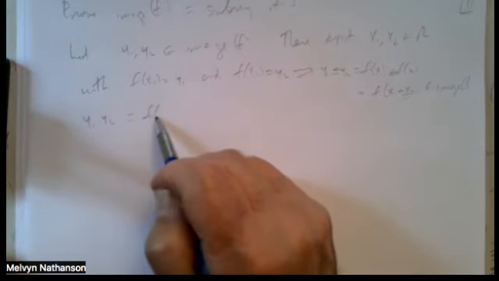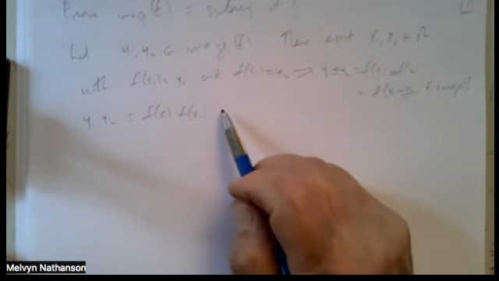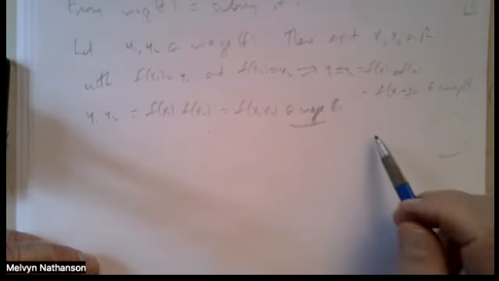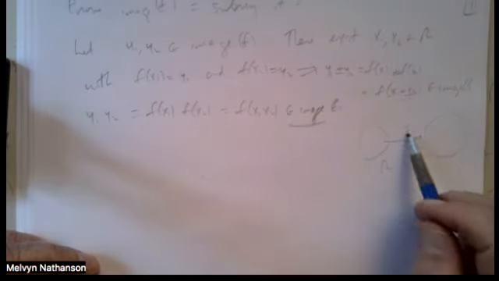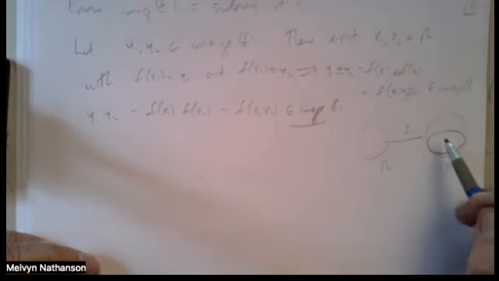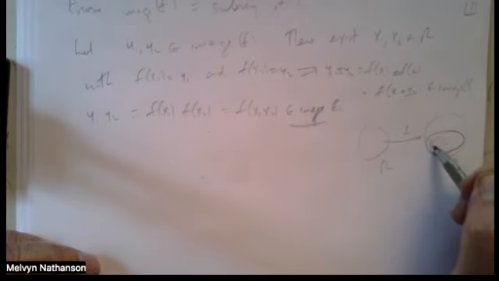Is it closed under multiplication? Well, Y1 Y2 is F of X1 times F of X2. That's F of X1 X2. So this is also in the image of F. So here we have S, here we have R, this function F between them, and sitting over here in S is the image of F. It's a certain subset of S, but this subset is closed under addition, it's closed under multiplication.